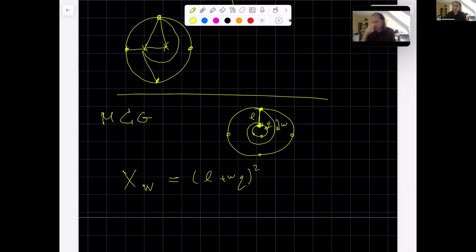That's just what you get from homology as you wind around some number of times. And so under the action of the mapping class group, the loop momentum shifts. L goes to L plus Q.